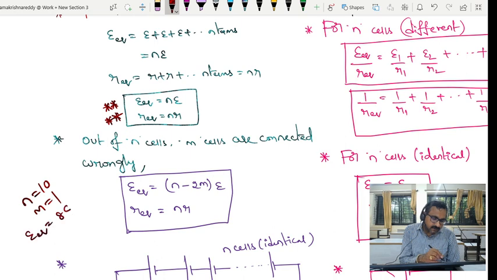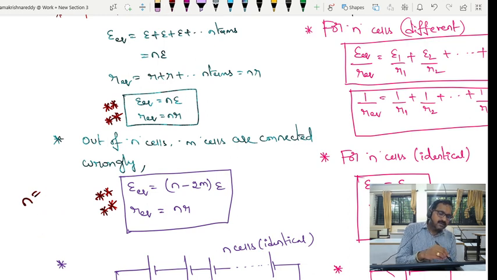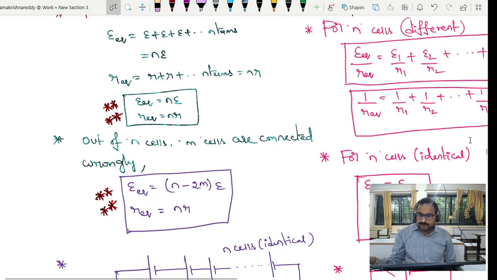Out of n cells, m cells are connected wrongly. What is the equivalent EMF? This is another important point you have to remember, important from the examination point of view. The cell you reverse will cancel with another, and the remaining cells will be present there.